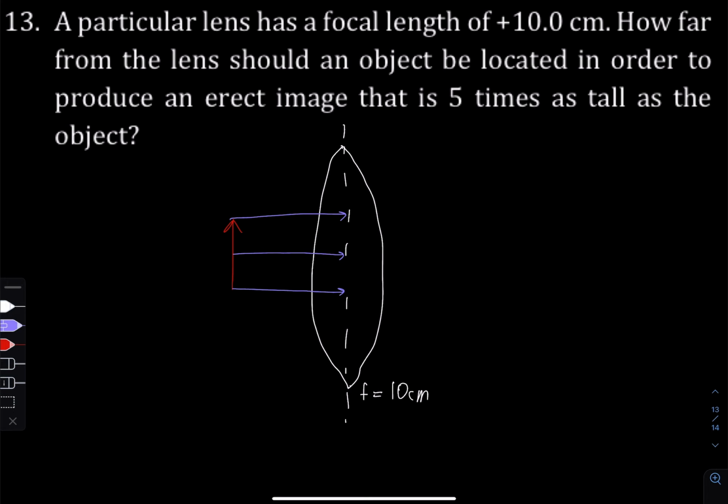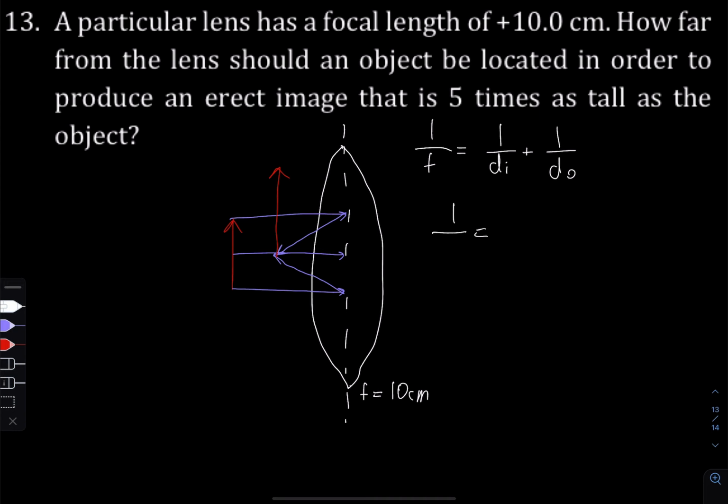And the cases where it does that, you don't really need to know, but it's only when the object is really close to the lens, closer to the lens than its focal length. So in the equation, it's written like this. We have the focal length, the distance of the image, and the distance of the object.